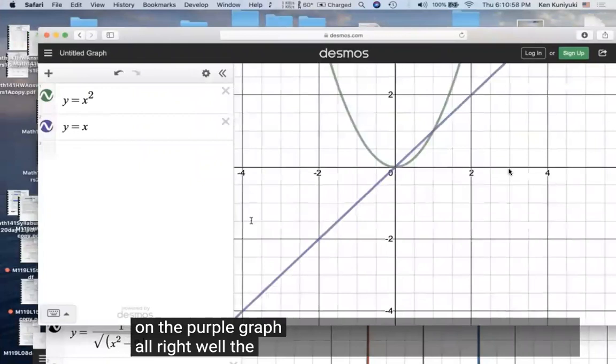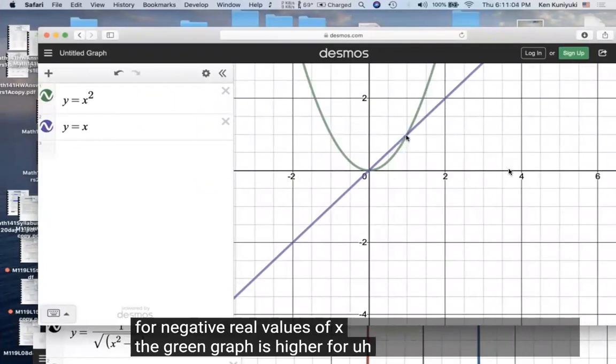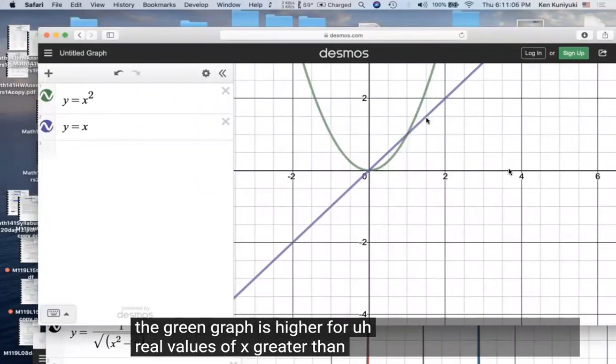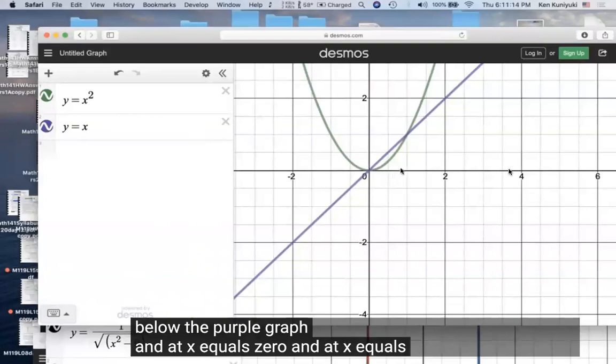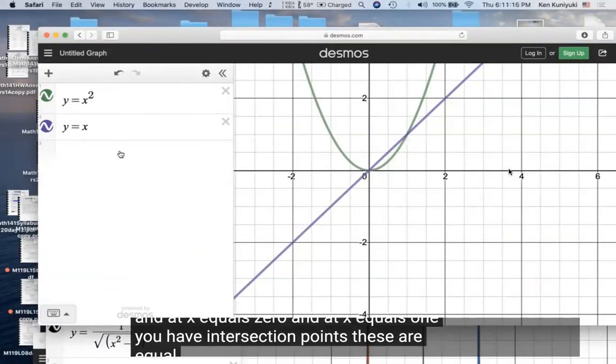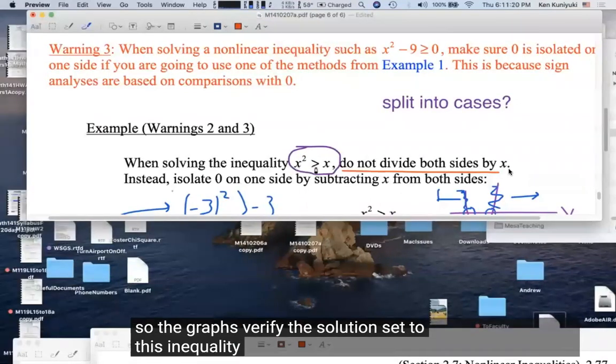The green graph is higher for negative real values of x. The green graph is higher for real values of x greater than 1. But between 0 and 1, the green graph falls below the purple graph, and at x equals 0 and at x equals 1, you have intersection points. These are equal. So the graphs verify the solution set to this inequality.